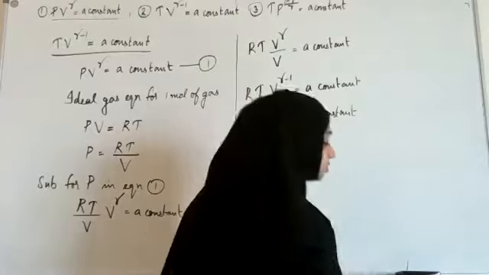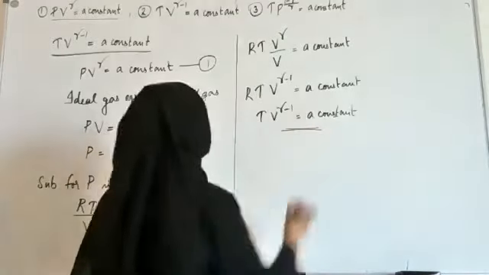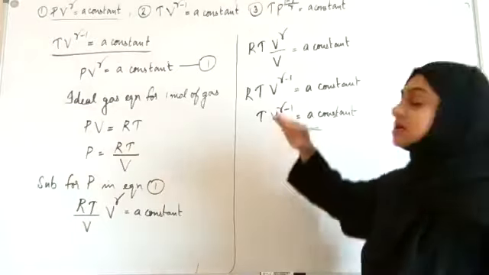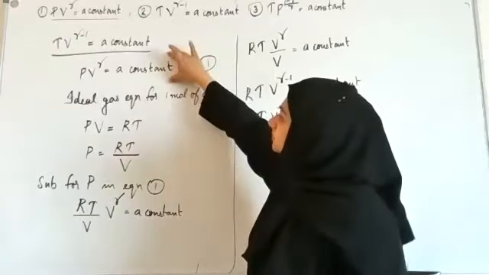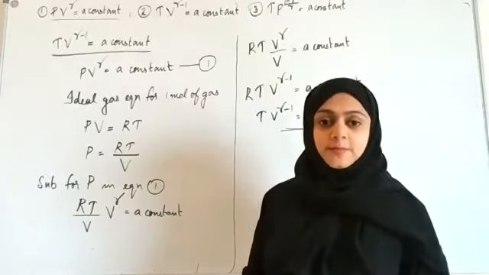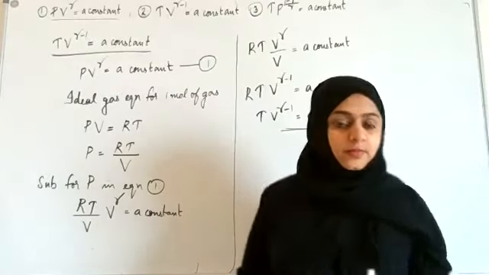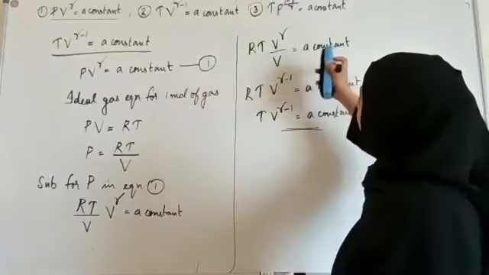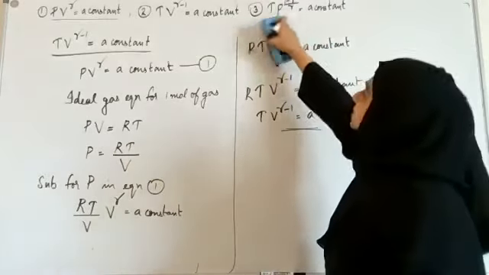So is this clear to you how we have derived T V raised to gamma minus 1 is a constant, just starting with this one? Is it clear? Yes, yeah, teacher.